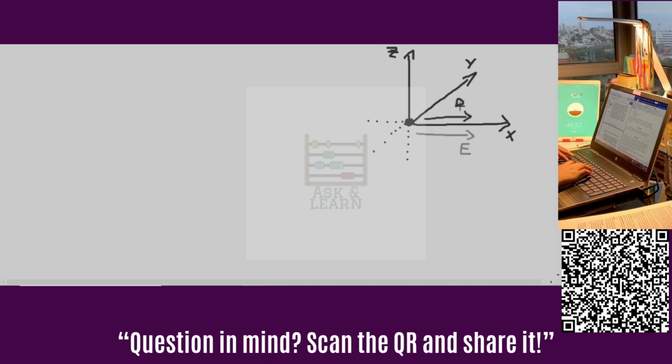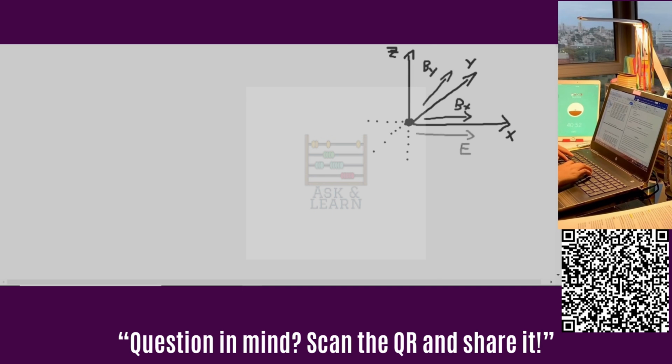I'm going to call that one, unsurprisingly, Bx. That's the magnetic field in the x direction. We also have a magnetic field in the positive y direction, so into the page. I'm going to call that By. So we have an unmoving particle here at the origin, and we have these three fields.